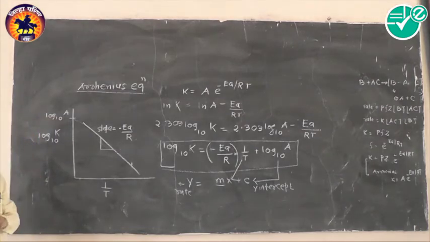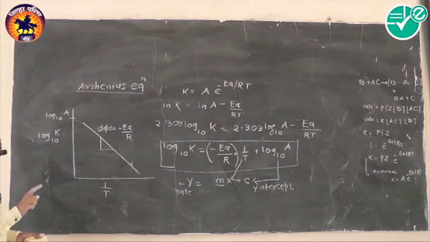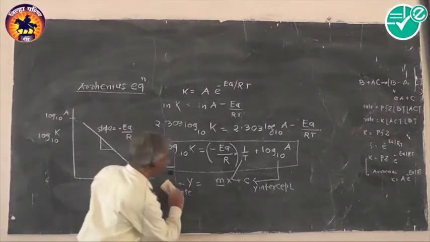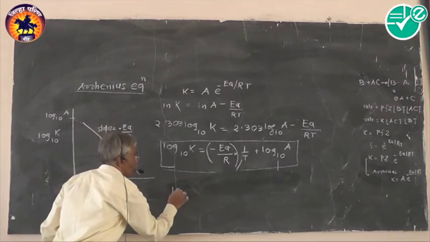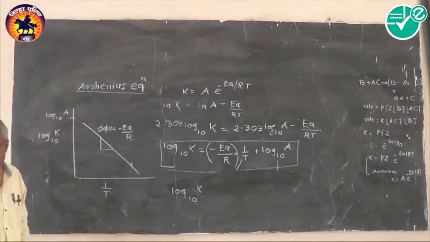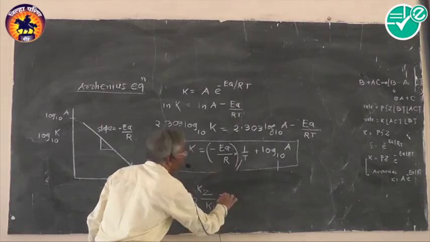So this way we can have a relation between the rate constant K and its temperature dependence as explained according to Arrhenius theory. We have seen also the similarity of Arrhenius theory and the postulates of the collision theory. Now if we have two different temperatures and we have taken the two rate constants, this equation I will directly write down: log to the base 10 K2 upon K1 at two different temperatures.